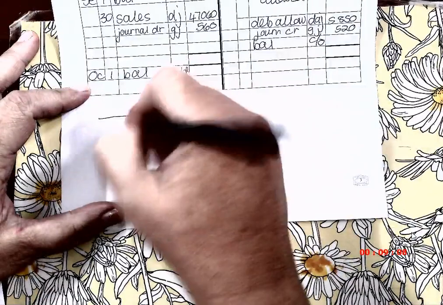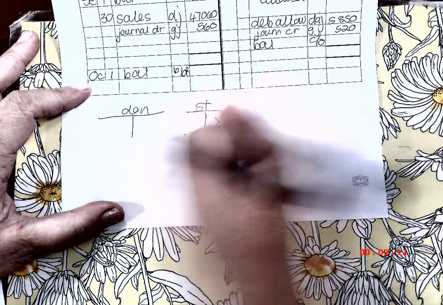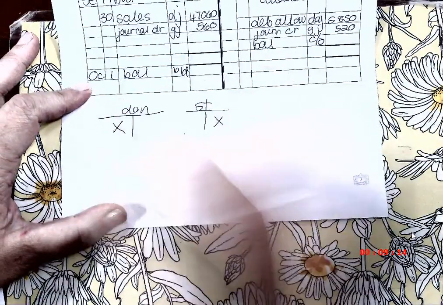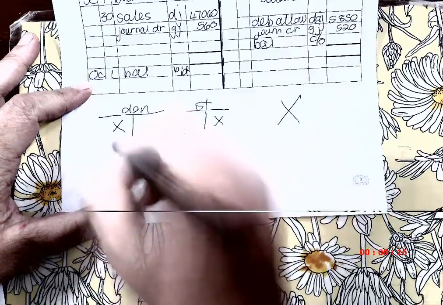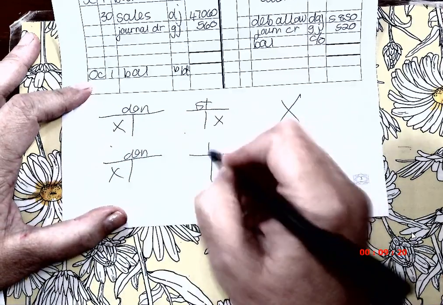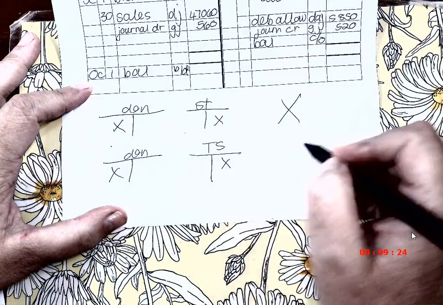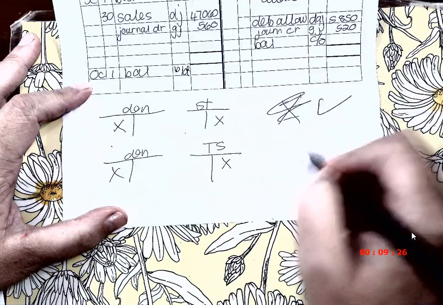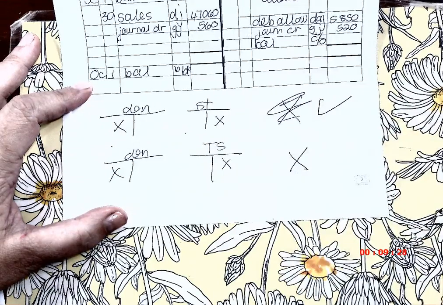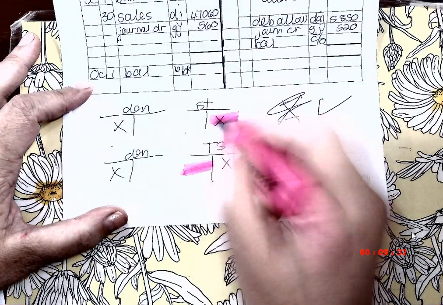It would have been donations, stationery, the amount, which is wrong. But I now said donation, trading stock. Right? This one is right, this one is wrong. So I'm going to take this one out and put this one in.